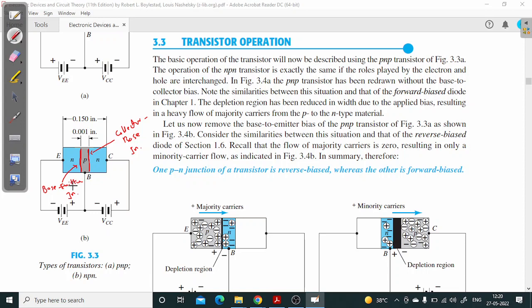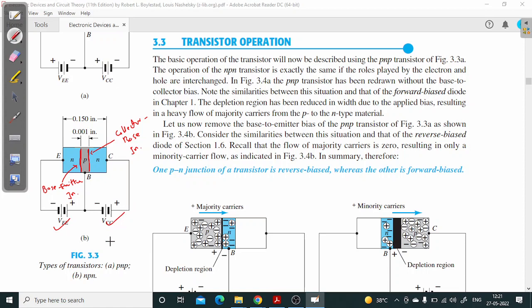So this is the thing, and we know that when we have a diode or a PN junction, we can provide two types of biasing to that diode. It can be either forward biased or reverse biased. So each of these two junctions, base emitter and collector base, can be either forward biased or reverse biased by connecting external batteries.